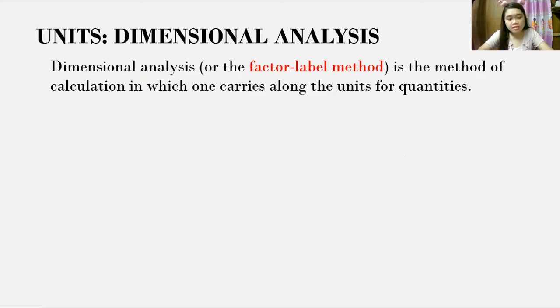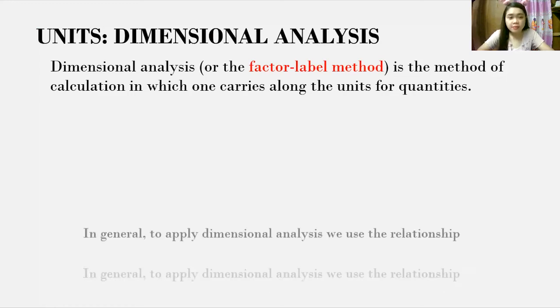In this type of analysis, you must ask 3 questions: what data are given, what quantity do you need, and what conversion factors are available to take us from what is given to what we need. So that's the basic concept.